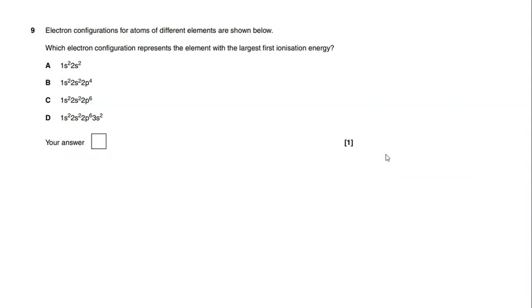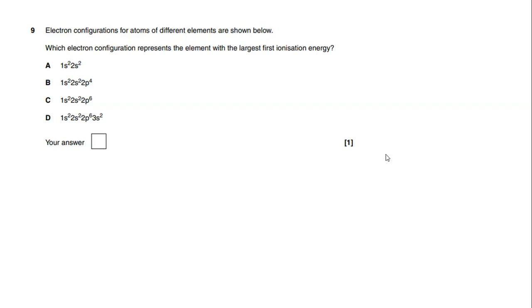So then you have to compare A, B, and C, which all belong to period 2. So then you look at it, and you must remember that when you go from left to right across the period, the first ionization energy increases, because the nuclear charge increases, the shielding stays the same, and the atomic radius decreases slightly.